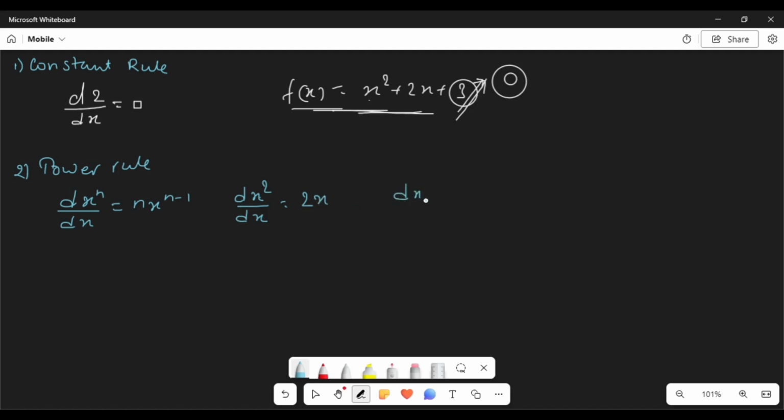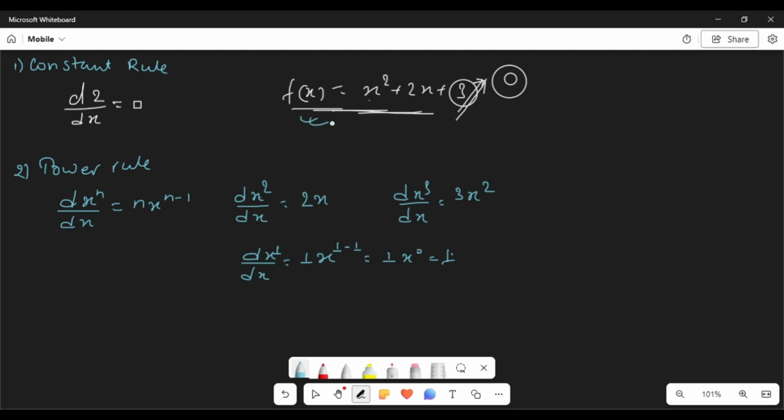So for x cubed, it will be 3x squared. For x, it will be just 1, because the power 1 comes down, and x power 1 minus 1 is x power 0, which is 1. So the derivative of x with respect to x will always be 1.